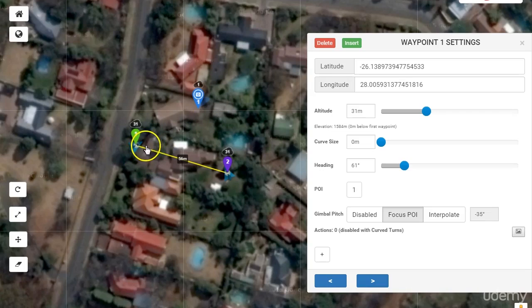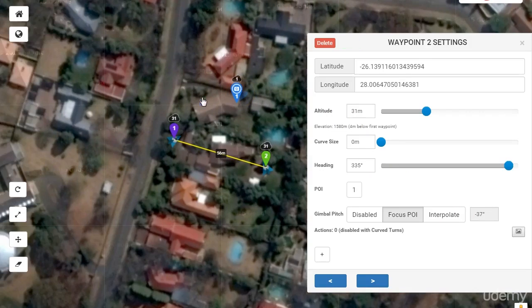So at waypoint 1, at 31 meters in the air, the gimbal pitch should be at -35 to get point of interest 1 beautifully framed, and -37 degrees for waypoint 2. This focus POI is affected by a couple of factors. First one being distance. If we bring the waypoint close to the POI, the angle gets steeper.